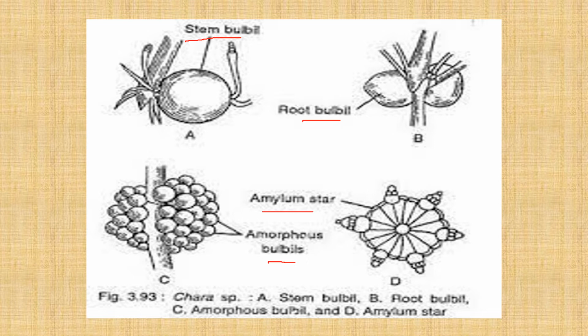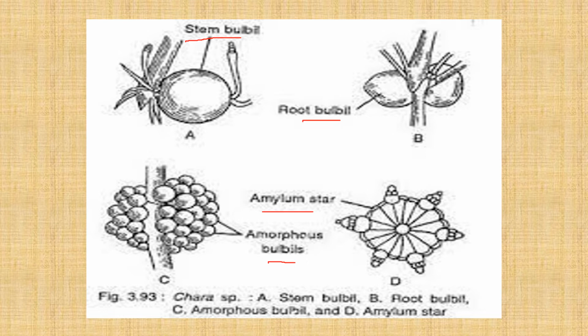Earlier, in my videos on Nostoc, Chlamydomonas, Oedogonium, Chlorella, we have seen that all the algae have certain forms of perennating structures. So here in Chara also we see the perennating structures. These are the structures by which the Chara remains dormant and germinates on return of favorable condition.